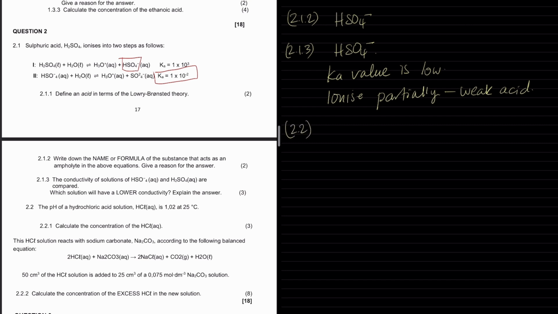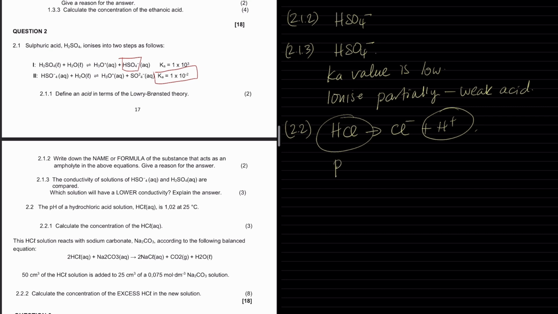2.2, the pH of a hydrochloric acid solution, HCl, is 1.02 at 25 degrees Celsius. Calculate the concentration of the HCl. Now, HCl is monoprotic, meaning that the concentration of the H plus ions is going to be the same as the concentration of the HCl. So if I work out the concentration of the H plus, it's going to be the concentration of the HCl.